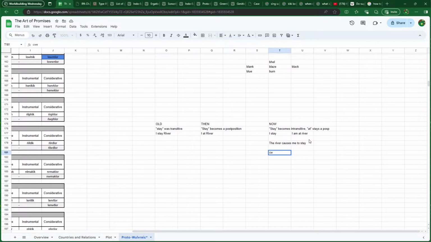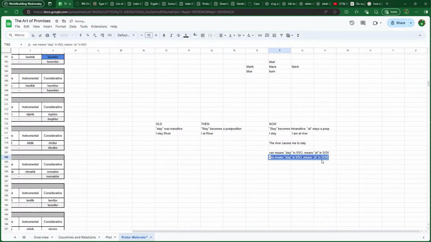Shen means stay in VSO, means at in SOV.